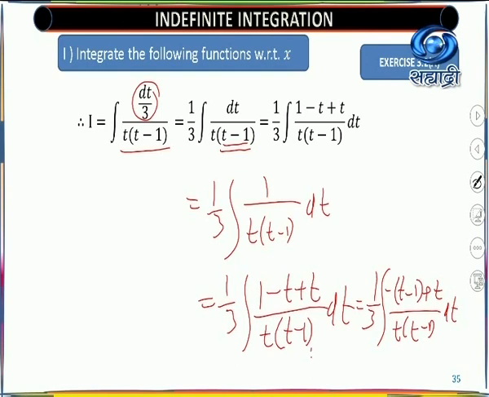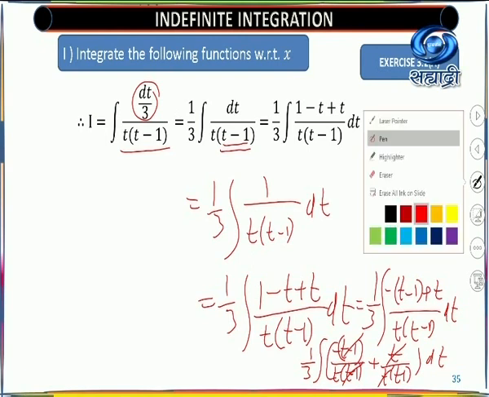Why are we writing it this way? Because you have t minus 1 in the denominator. Once you separate it out, you will get 1 upon 3 integral of minus t minus 1 in one bracket upon t into t minus 1, and another term you will get as plus t upon t into t minus 1 dt. Here, t minus 1 cancels and you get minus 1 upon t, which is easy to integrate. And here, if you cancel t and t, it is 1 upon t minus 1, which is easy to integrate.